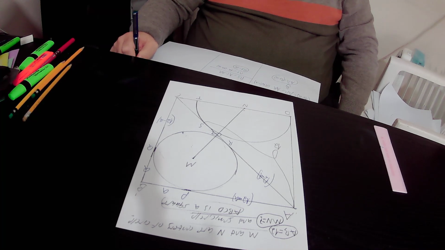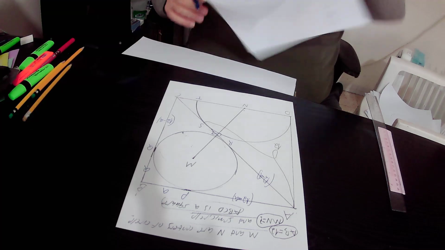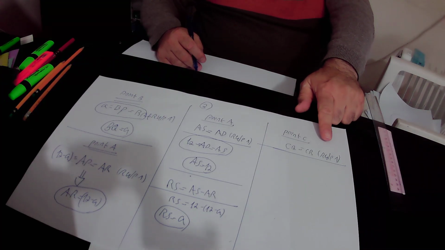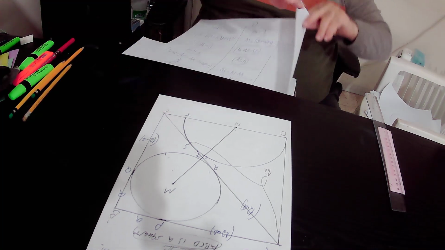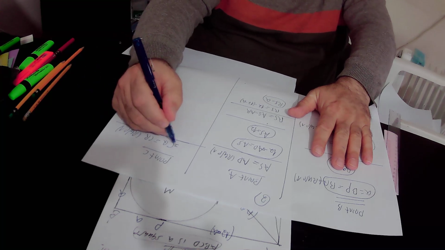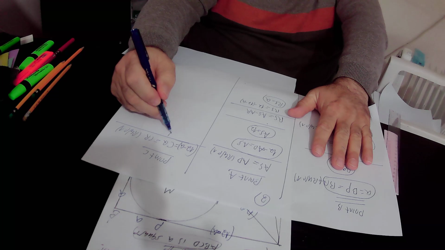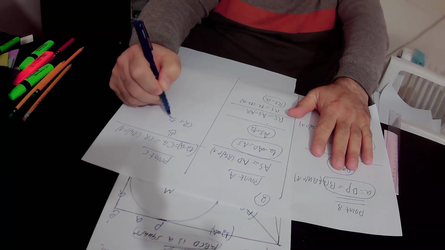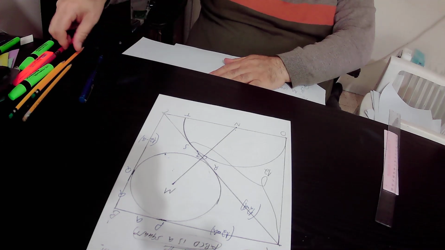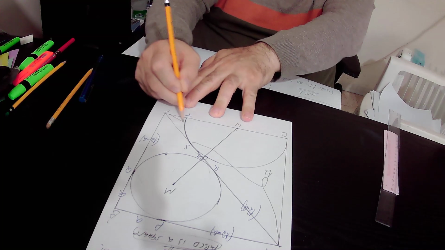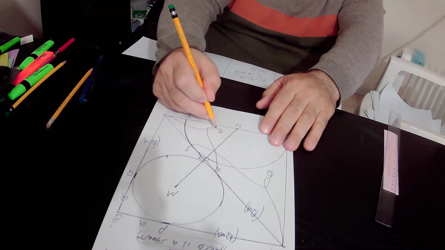According to rule number 1, CQ is equal to CR, but we have already found out that CQ is equal to 12 minus A. From this equation, 12 minus A equals CQ equals CR, we will derive that CR is also equal to 12 minus A units.